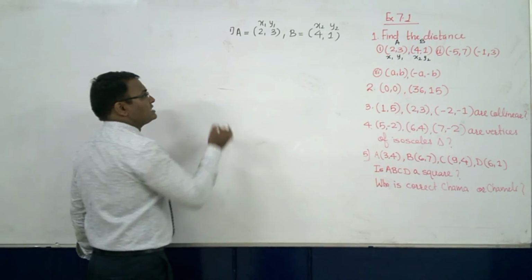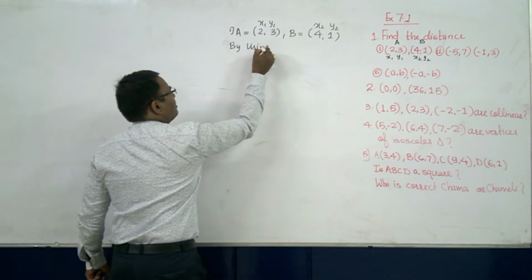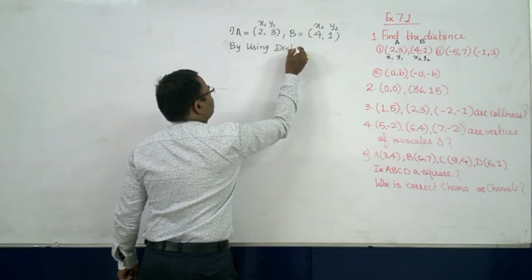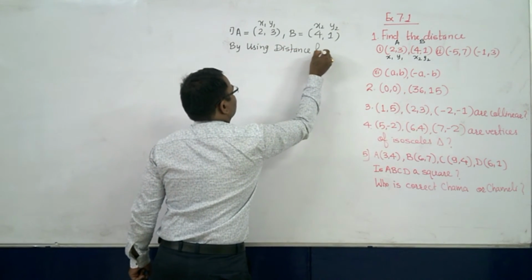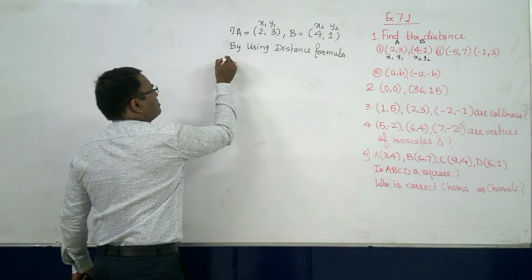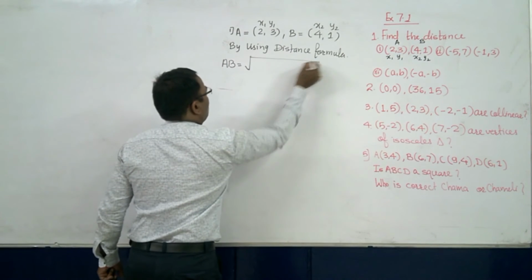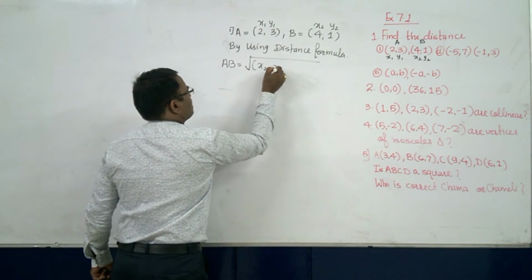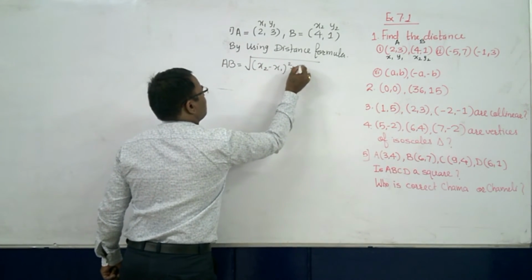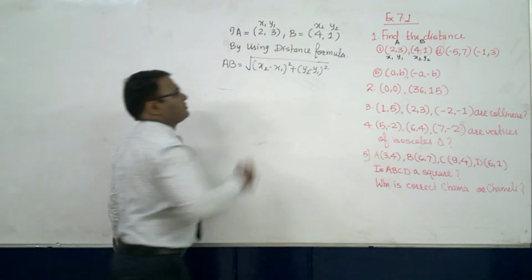Then what is our distance formula? By using the distance formula, AB is equal to under root of x2 minus x1 square plus y2 minus y1 square.